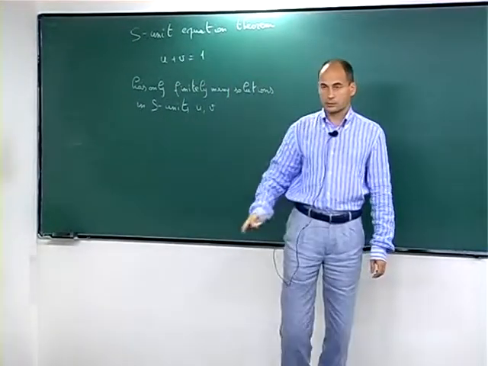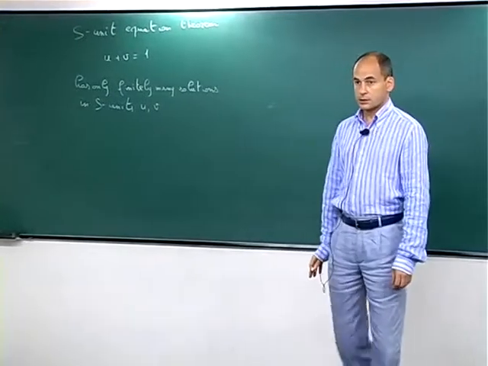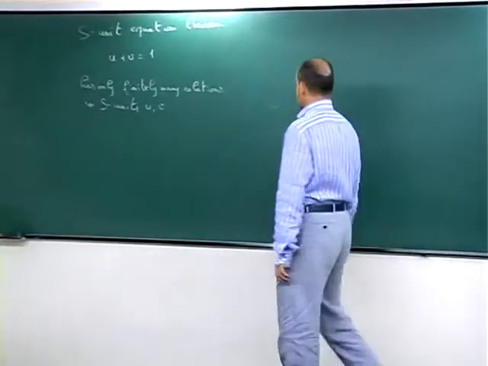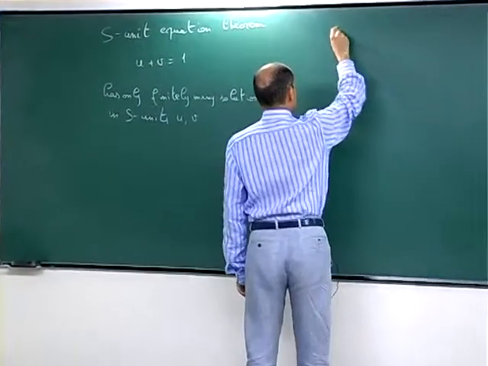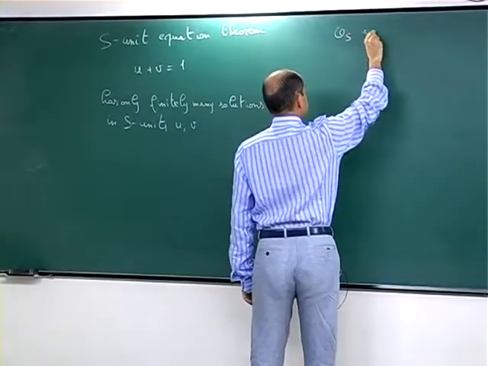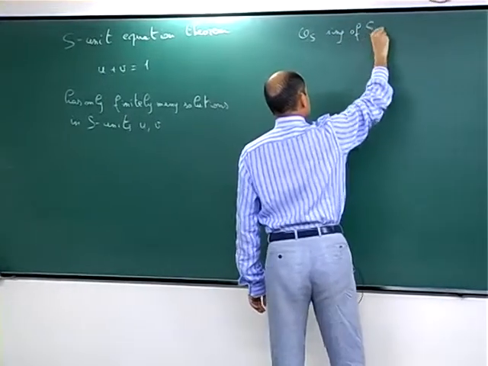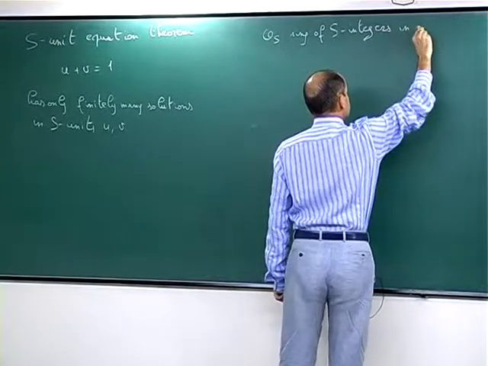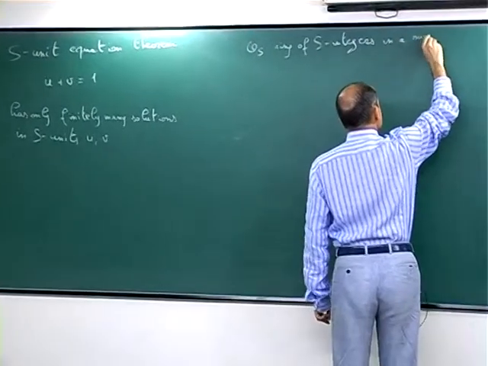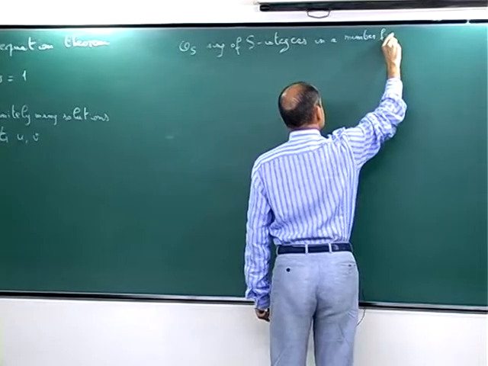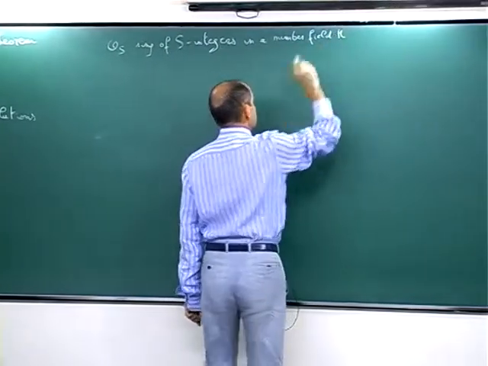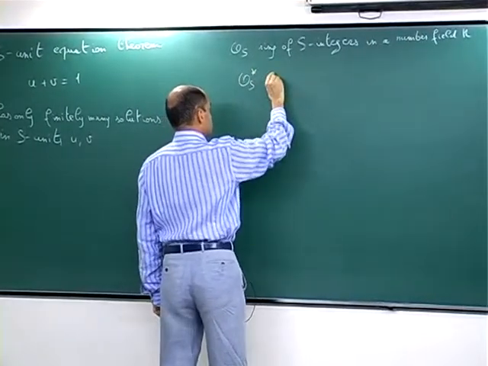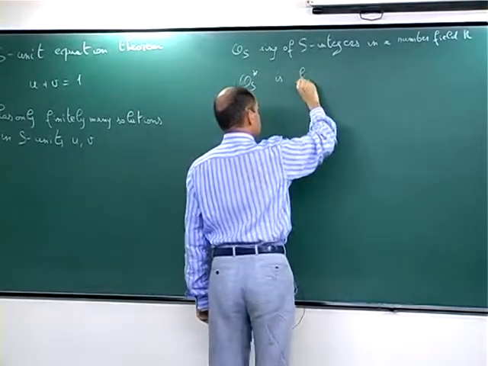which uses the finiteness statement for the cubic equations. So suppose that O_S is the ring of S-integers in a number field K. The group of S-units is finitely generated.